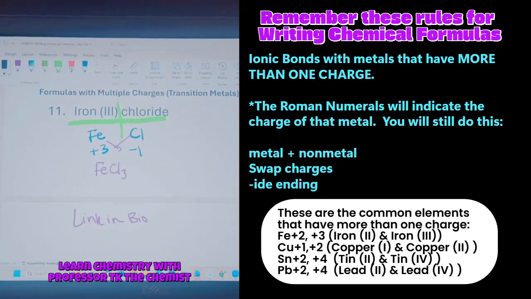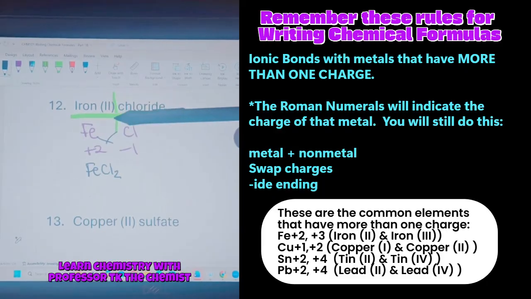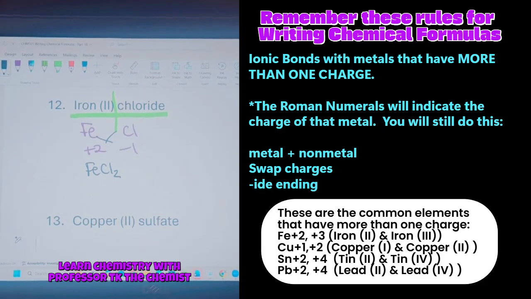See the difference? FeCl3 was for iron Roman numeral 3 chloride. FeCl2 was iron Roman numeral 2 chloride. Okay? So listen, don't overthink it.